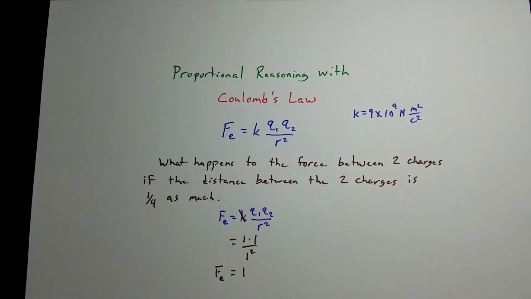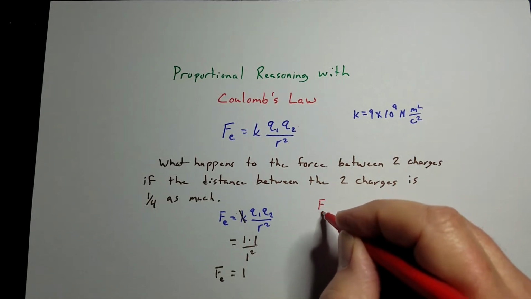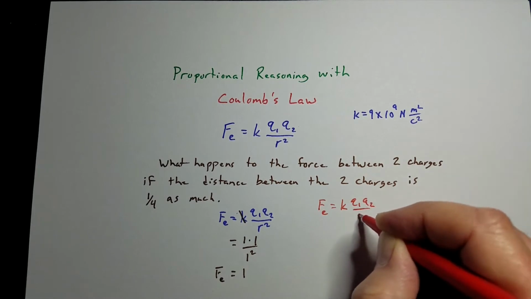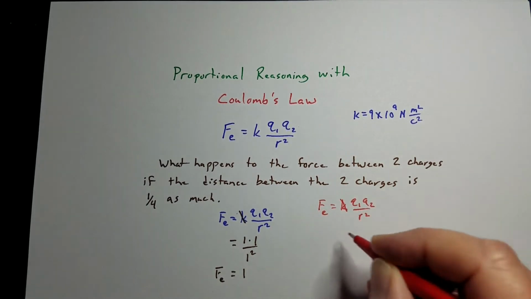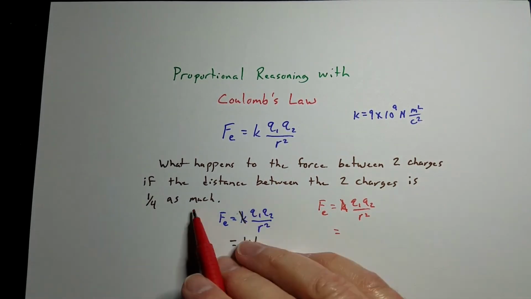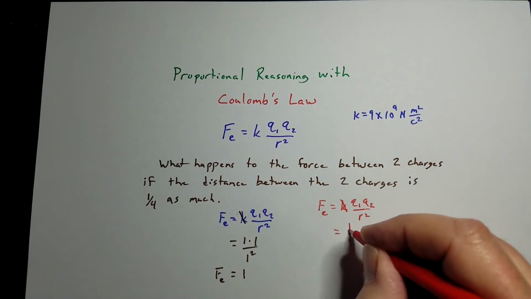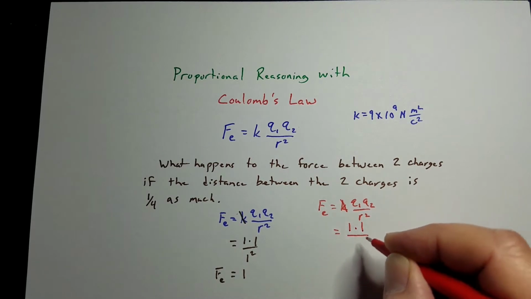Now I can see what happens if I actually change it to whatever the problem gives me for a situation. So Fe equals K Q1 Q2 over R squared. Again, ignore the K. And it says the distance is 1/4 as much. So the charges stay the same, so I keep them as 1s.